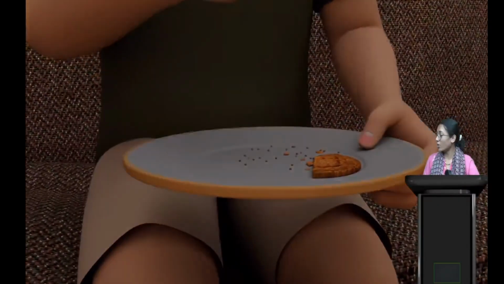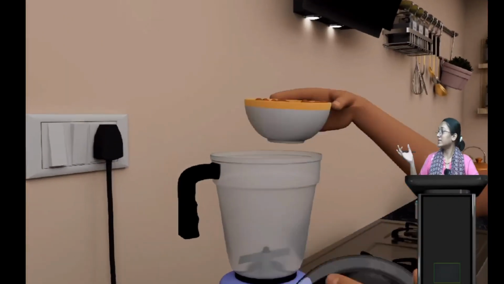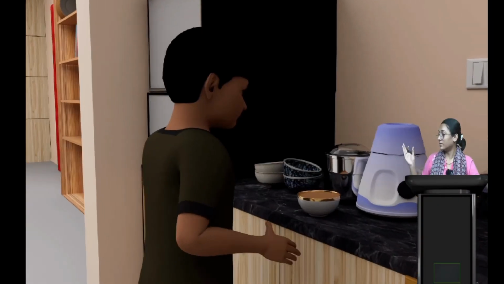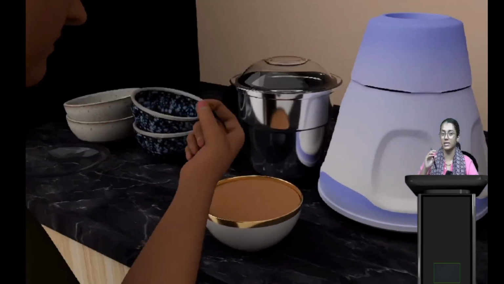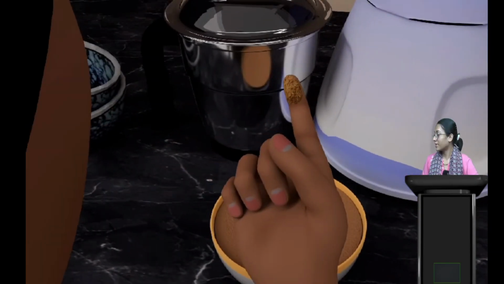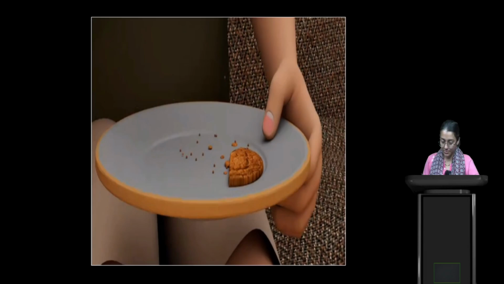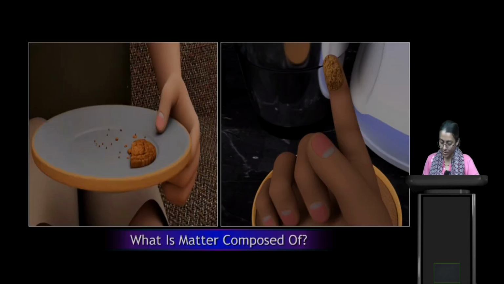So in the case of the biscuit, and in the second case when his mother was grinding some nuts, in both the cases we can see that these objects are made up of small particles, isn't it? So here comes another question: what is matter composed of?